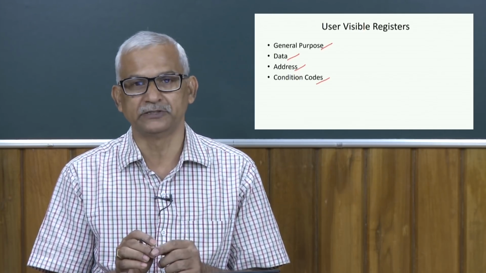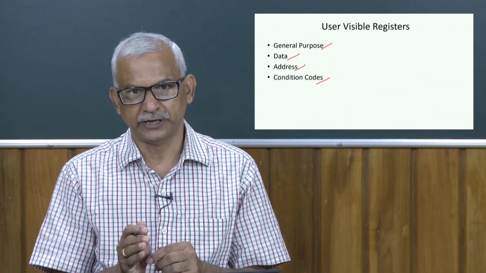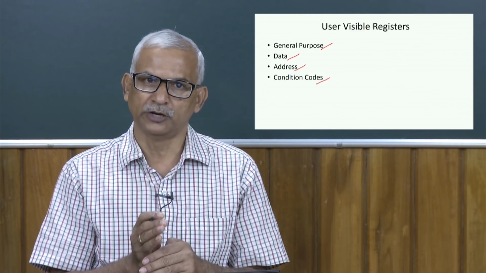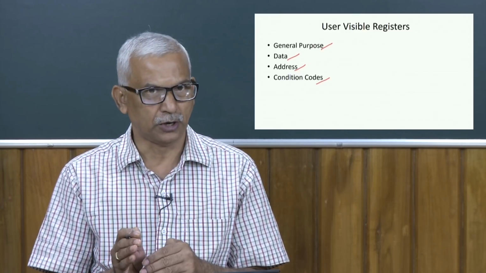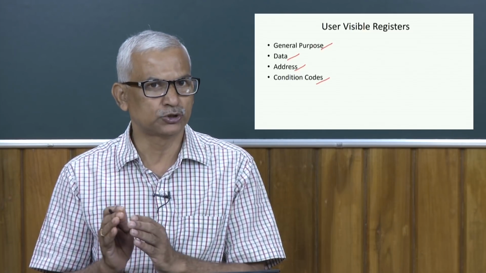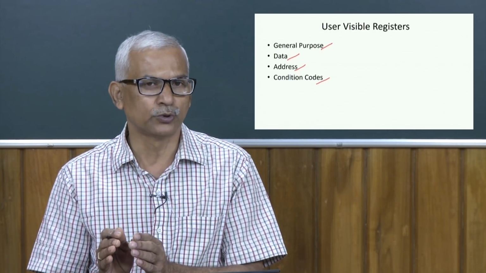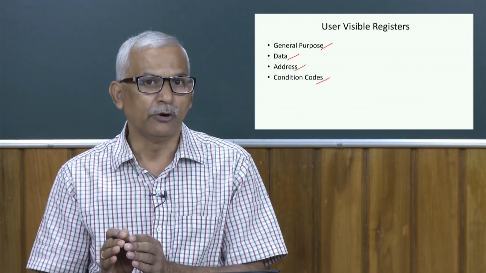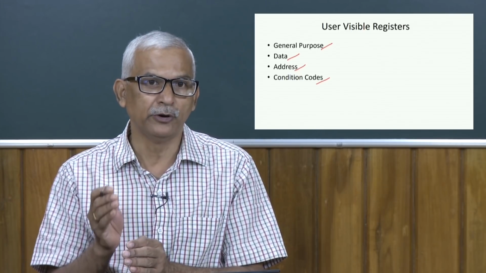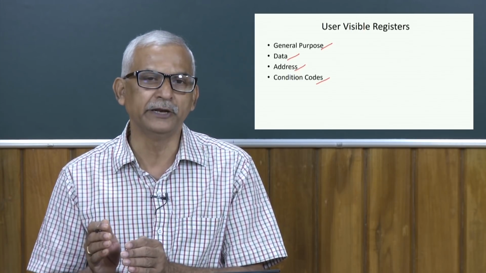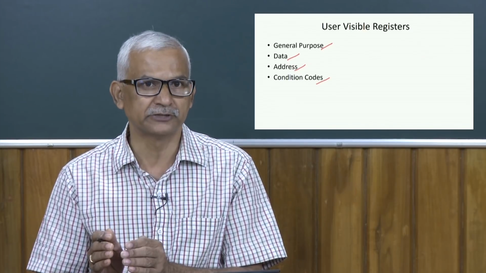Now, what is an address? You already know that our computer works on the von Neumann stored program principle. For that we have a storage unit known as the memory unit, and in the memory we store our information. Now, how do we get these things? For every memory location we must assign a unique address.